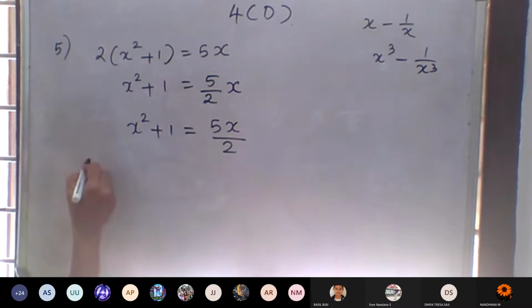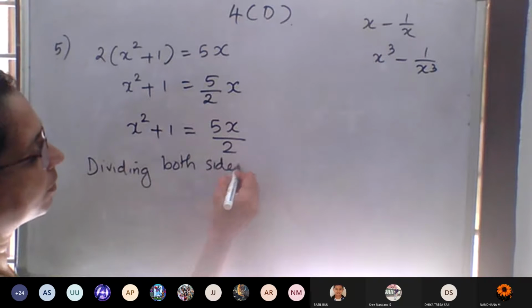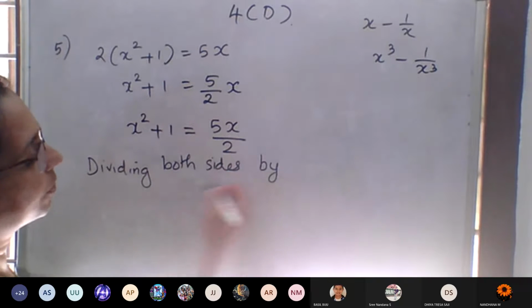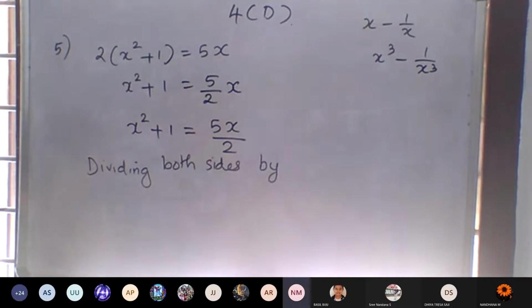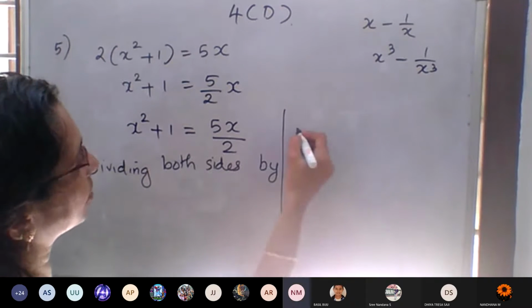Next step is dividing both sides by, tell me, dividing both sides by x or x square. We can do with x. We can try it, no?